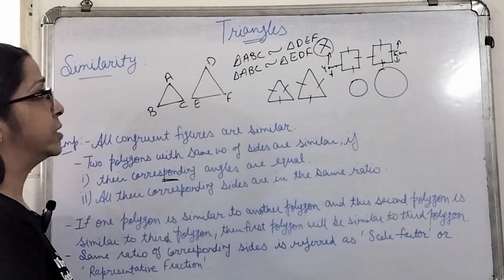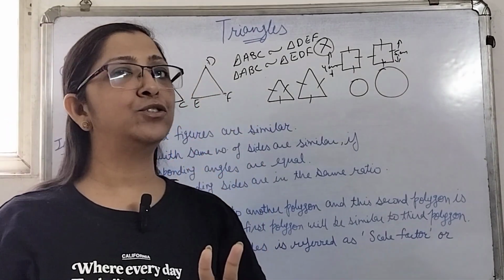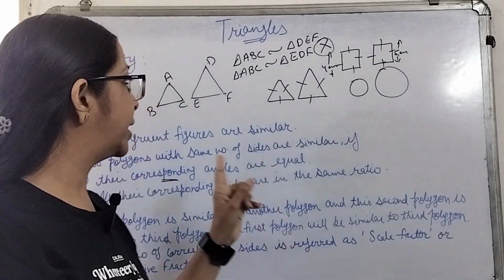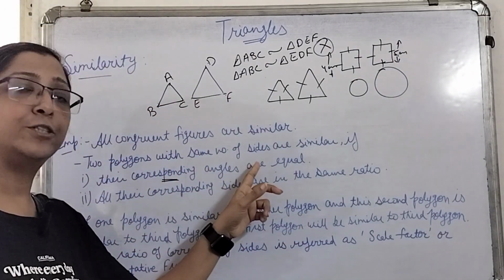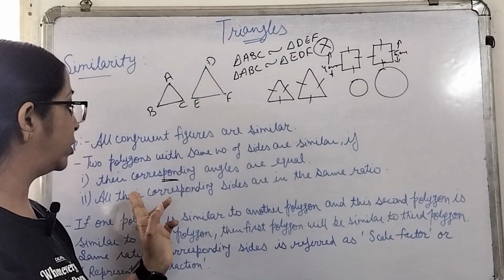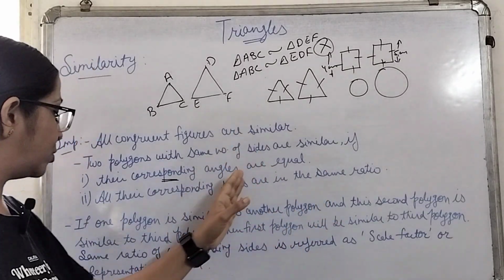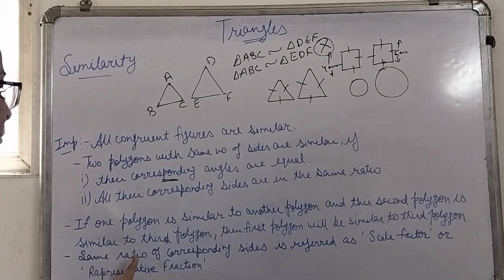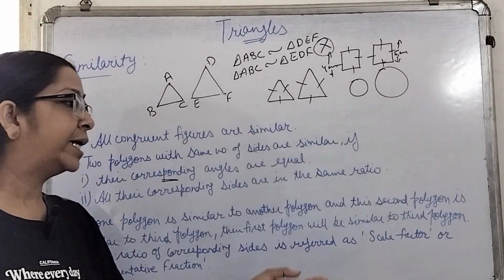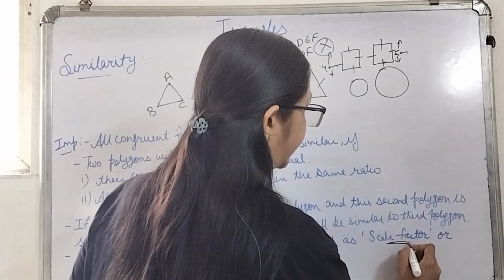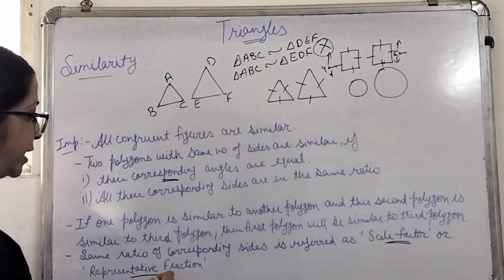As we just discussed, for similarity, two conditions should be satisfied. One, their corresponding angles should be equal, and second, their corresponding sides should be in the same ratio. This same ratio of corresponding sides is referred to as the scale factor or representative fraction.